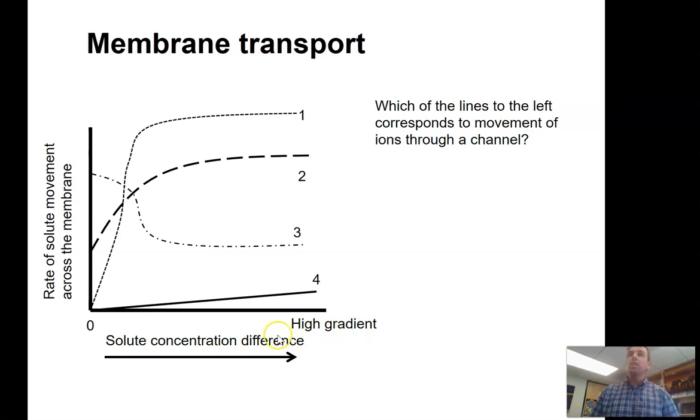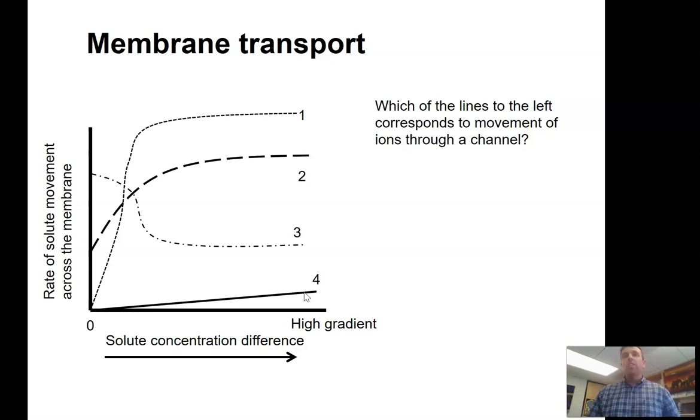Within this, we have several line options: the dotted line here, number 1, this guy here, number 2, line 3 with that drop, and this is line 4. Which of these lines would correspond to movement of ions through a channel? See what you answer there, and remember to give a little bit of your rationale as well.